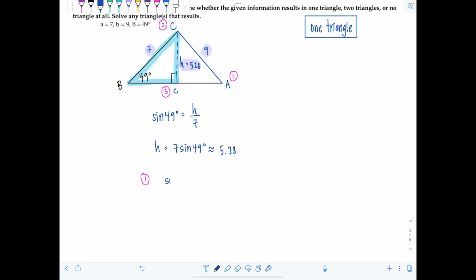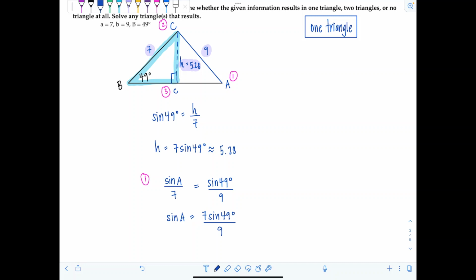I'm going to set it up. I have sine A over, you always set up the ratio with the opposite side and angle. So sine A over 7 equals the only other angle inside that I have, B, so sine of 49 over 9. Okay, then I can multiply both sides by 7. So I have sine A equals 7 sine 49 over 9.